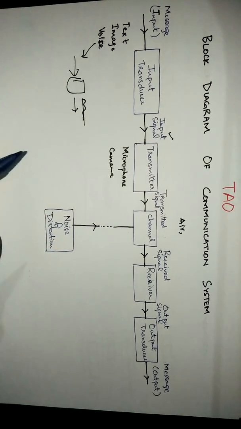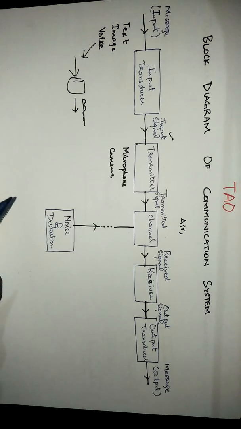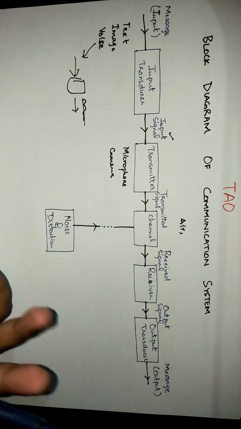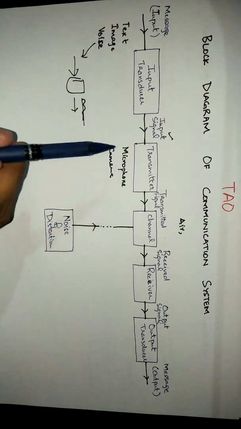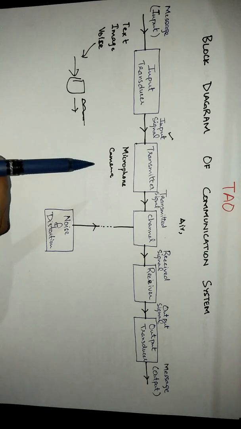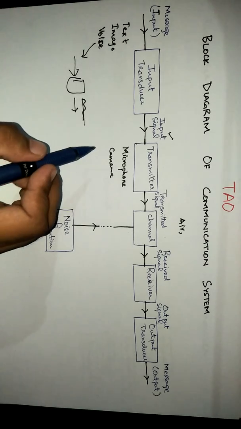By guided I mean connected through wire, like optical fibers or coaxial cables, and by unguided I mean radio waves or microwaves, such sort of connections. The input transducer may be a microphone, camera, or any voice recorder, or even your mobile phone.